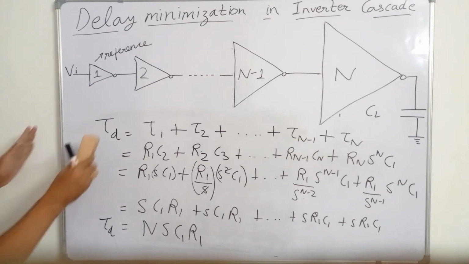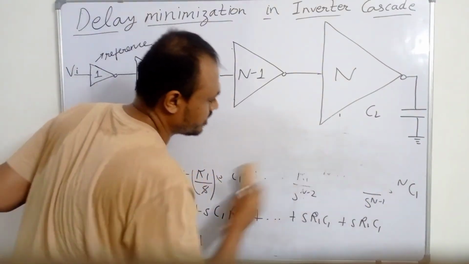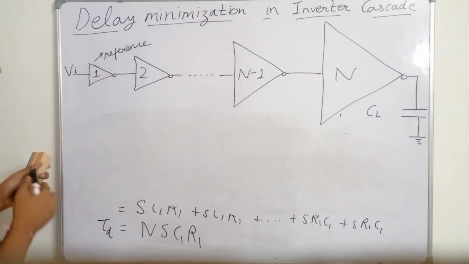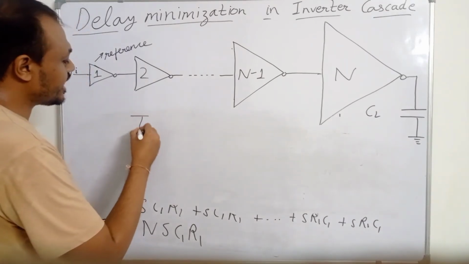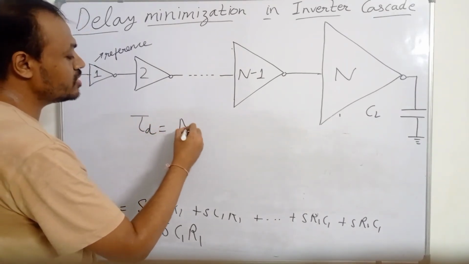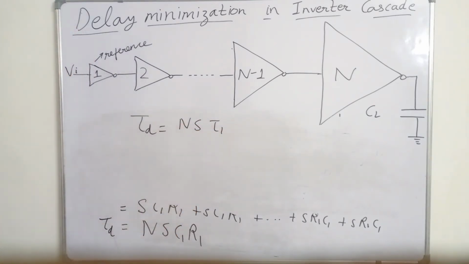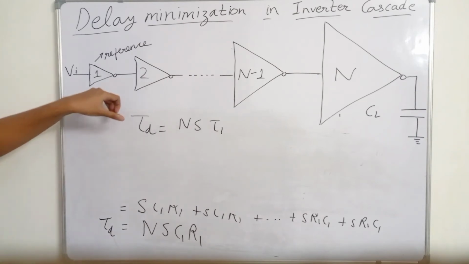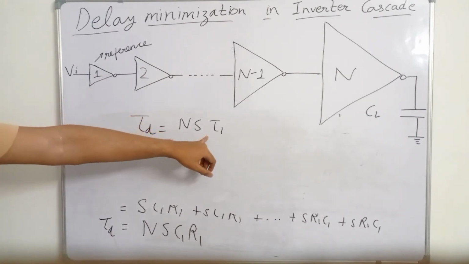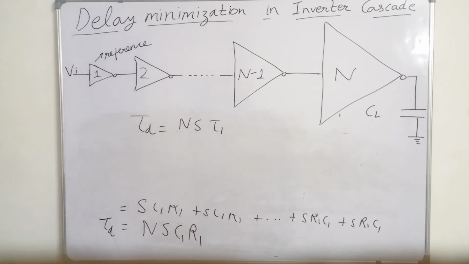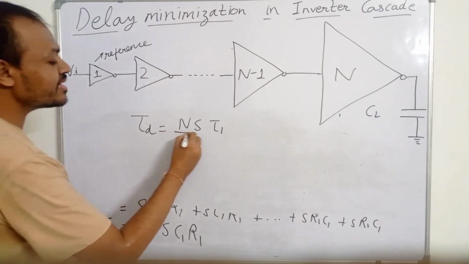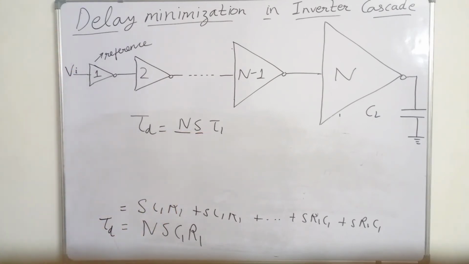We can also write it as tau d is equal to nS into tau 1, where tau 1 is equal to C1 R1. The first stage is the reference stage, so we know the values of R1 and C1, so we know tau 1. What are unknown are n and S.